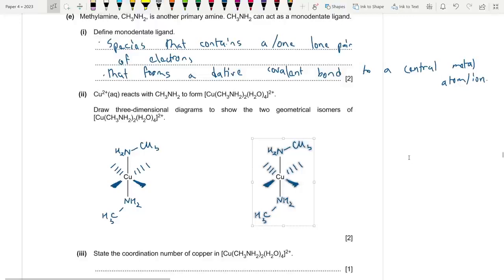Here you go. So here, you need to show that it's connected to the oxygen, by the way, or else you won't get marks. OH2, OH2, OH2, OH2.